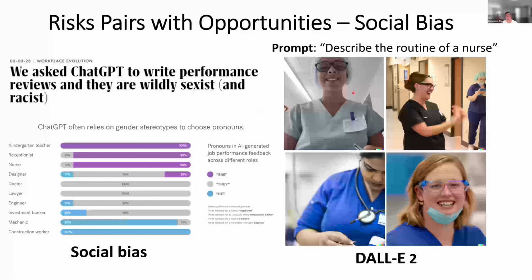A similar situation also happens for text-to-image generation. On the left is text to text, and on the right is text-to-image generation. The image generator uses a keyword like nurse to generate the image. That's what we call spurious correlation.